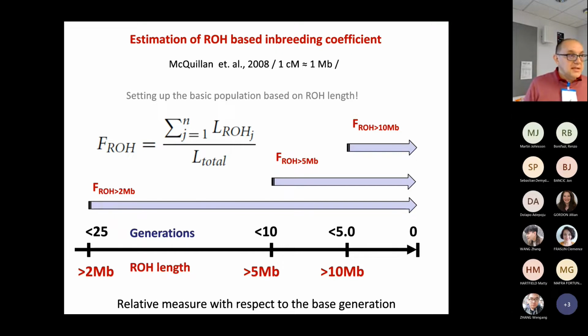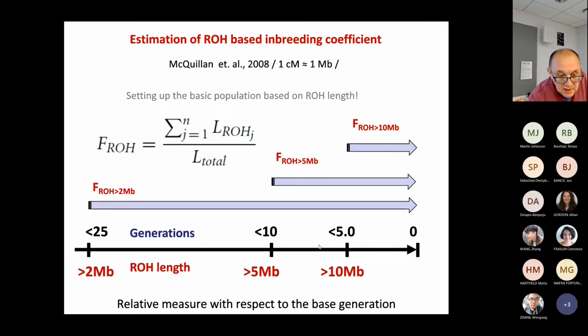Somebody else can say, no, I can assume if they are bigger than 5 megabases, then they are autozygous. So in this concept, depending on how long the segments are that we assume as autozygous, we actually have a timescale trajectory of estimates of potential genomic inbreeding.